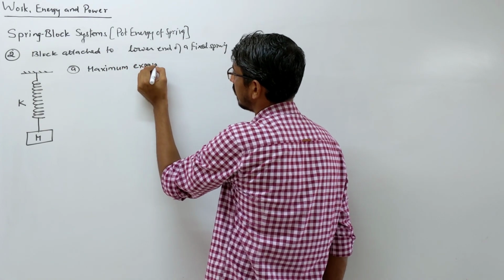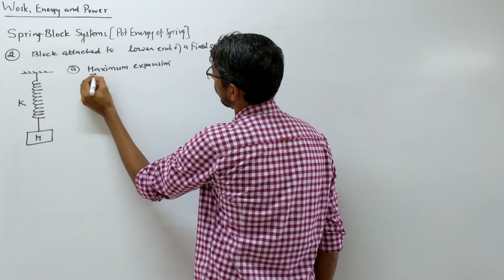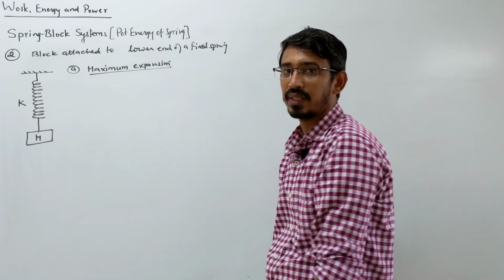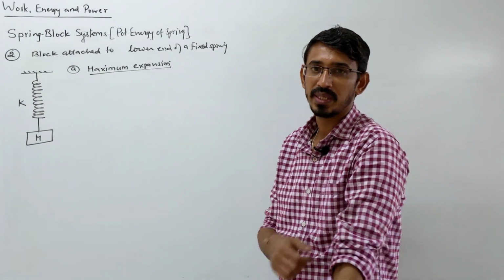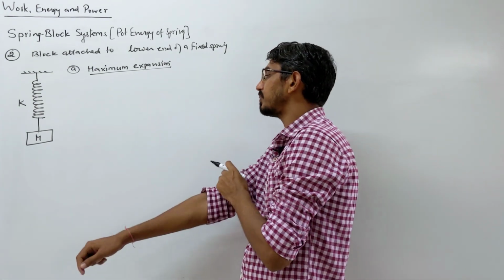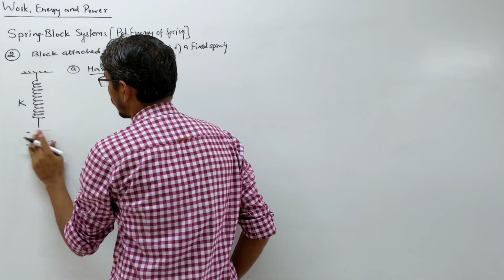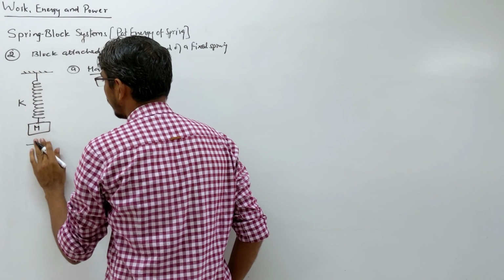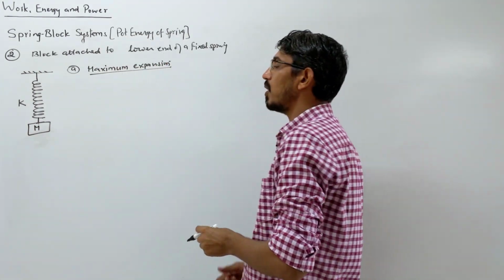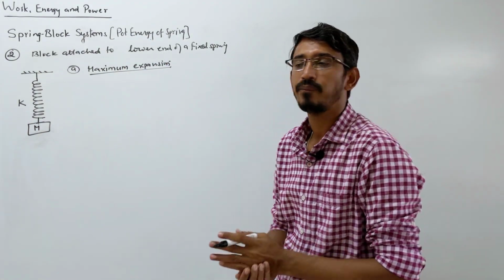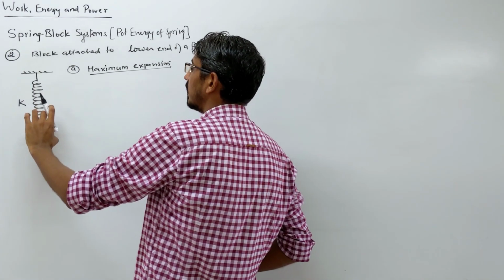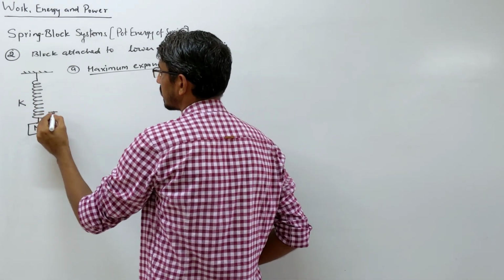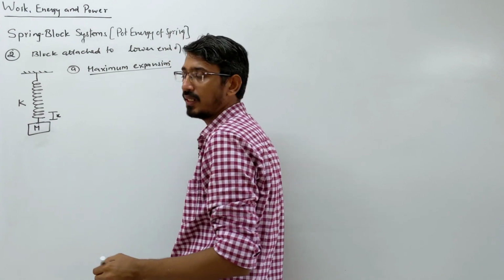Okay, suppose first they ask about maximum expansion. So maximum expansion means you write the energy concept, right? Yes, you write the energy concept. So what energy concept will we write here? In the proper picture it will look like this, very close to here, in touch with this m. So for maximum expansion, we write the energy concept. When you drop this block, the block will move some distance x by expanding the spring by x, right?